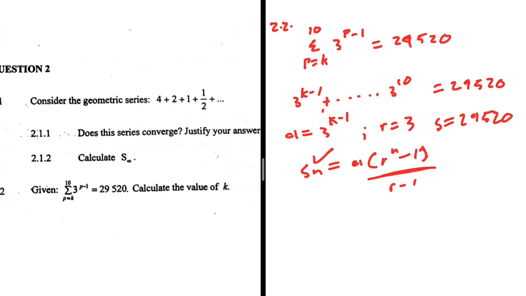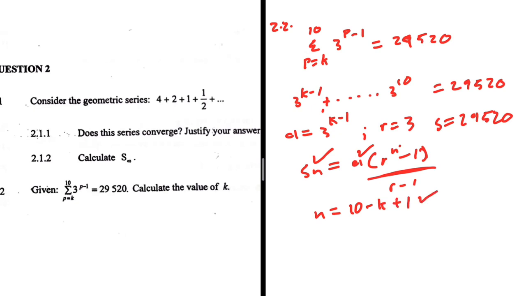We have the sum, we have a, do we have n? Let's calculate n then. n is equal to the number at the top, 10, minus the number at the bottom, which is k, plus 1.